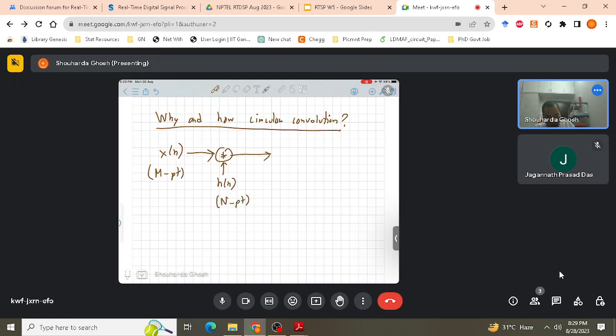Both of them convolve to give y[n], and let y[n] be an L point sequence. Can you tell me what is the value of L? Actually it is M plus N minus 1.